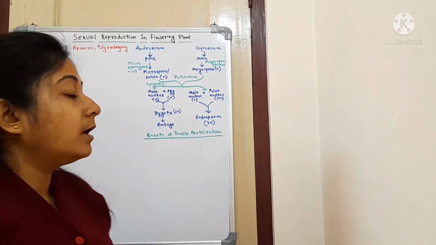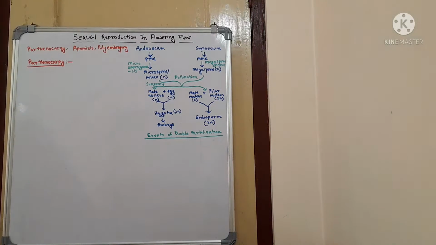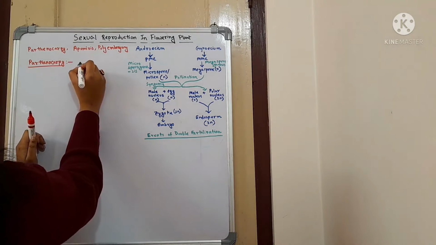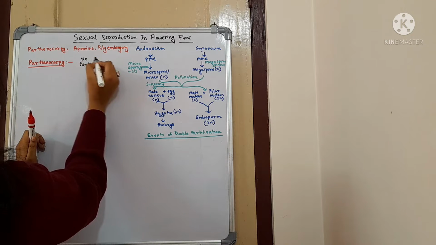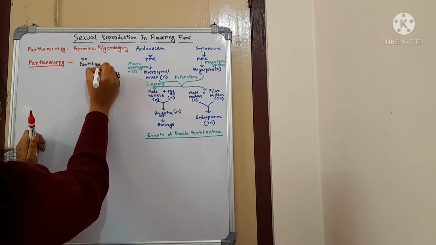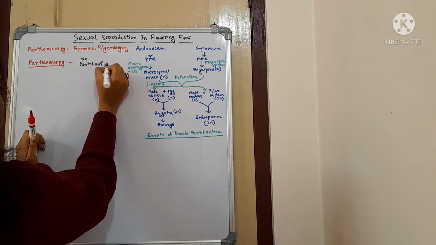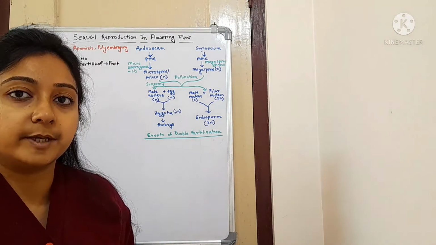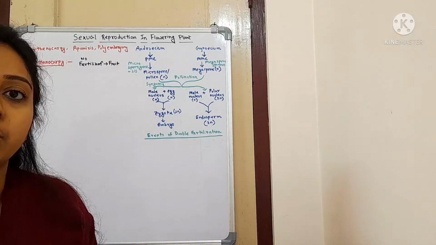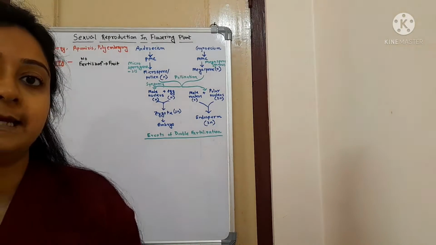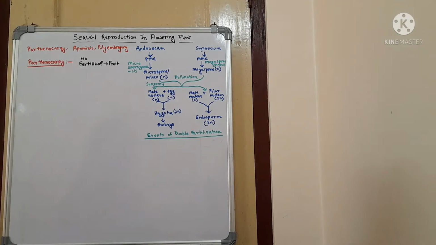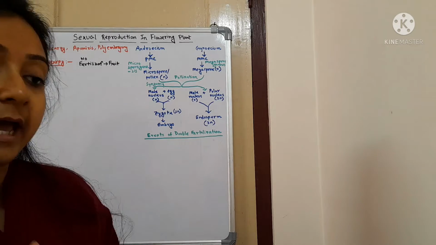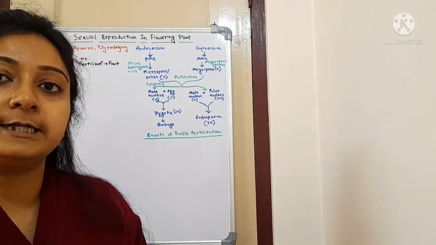But when fruit formation takes place without fertilization, that means no fertilization event takes place for the formation of the fruit, that event is considered parthenocarpy. No fertilization will occur. That means no pollination will take place, as well as there will be no fertilization.